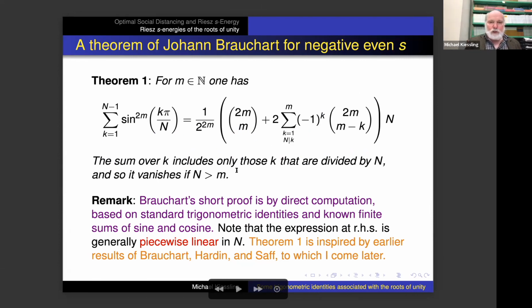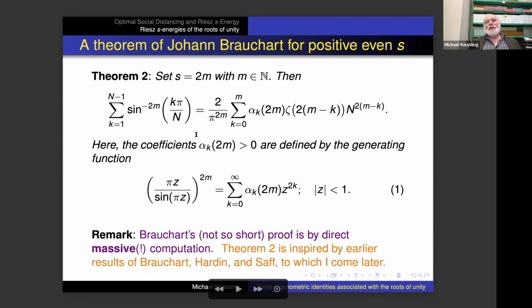That means eventually you only have this term, this times that, multiplied by n. So eventually it's linear, but this whole thing is piecewise linear. Except, in fact, when m is 1, then you have s squared, and then it is truly linear.